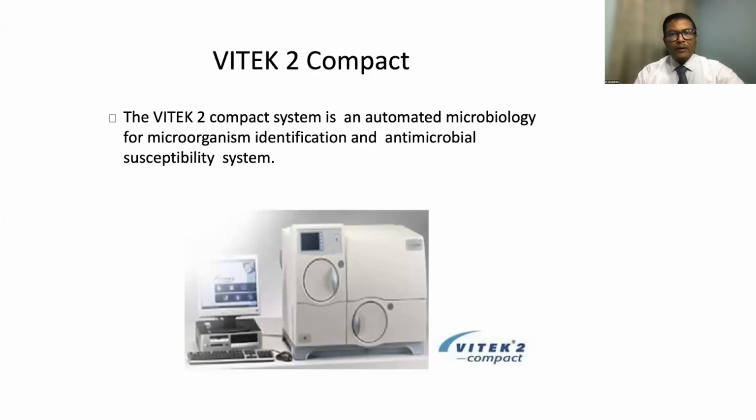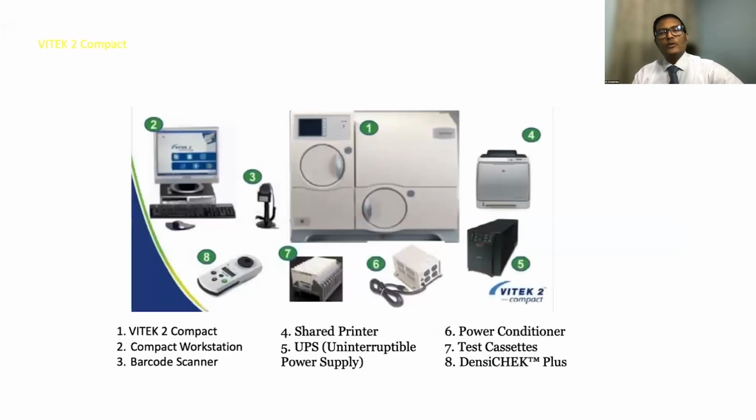So some of the new advances in microbial keratitis, or what has been getting in vogue now, is the Vitek 2 compact system, which is an automated system for organism identification and also for checking antimicrobial susceptibility. Essentially, it consists of a cassette with a compact workstation, and then there is an analysis that happens inside the set of cassettes, and a barcode is generated.